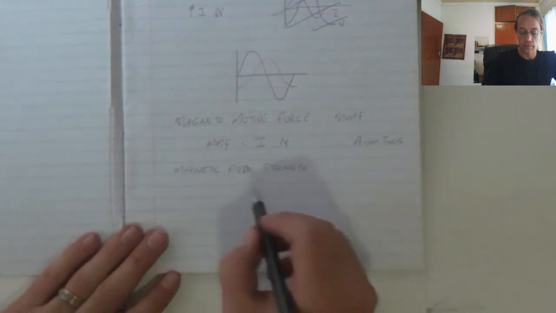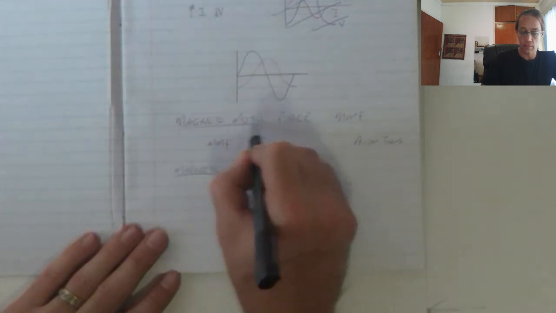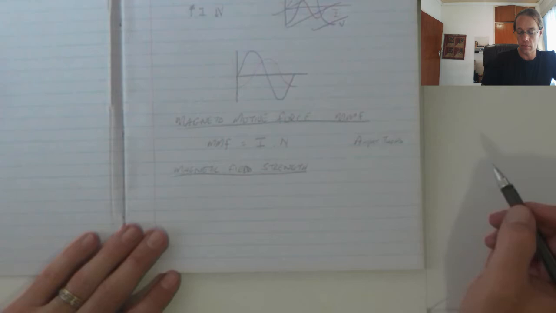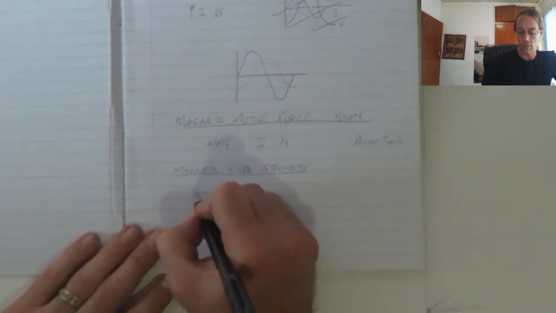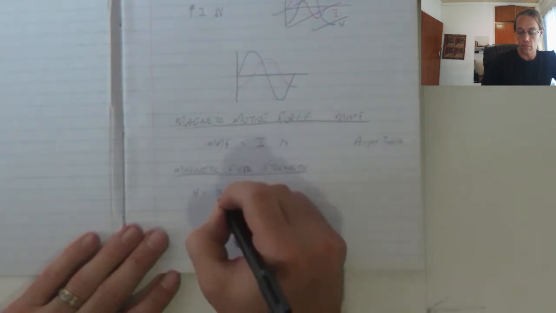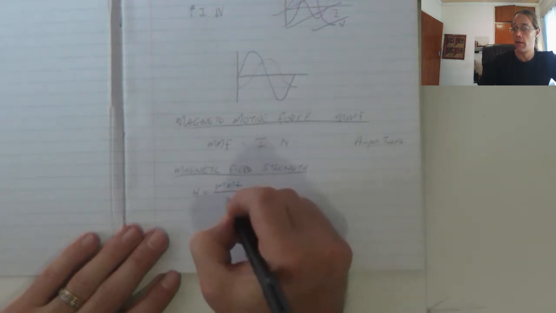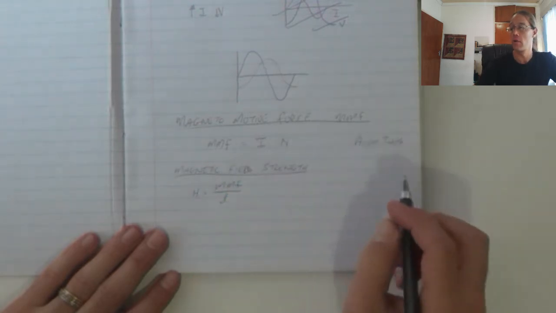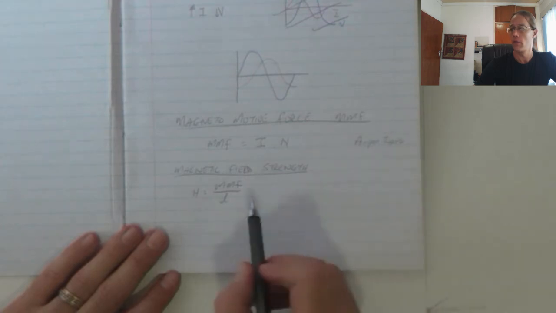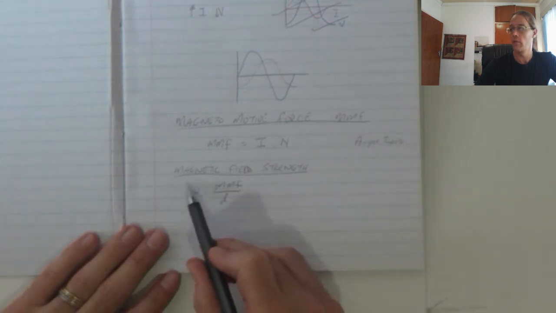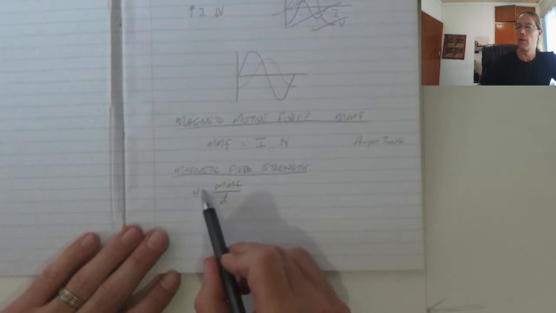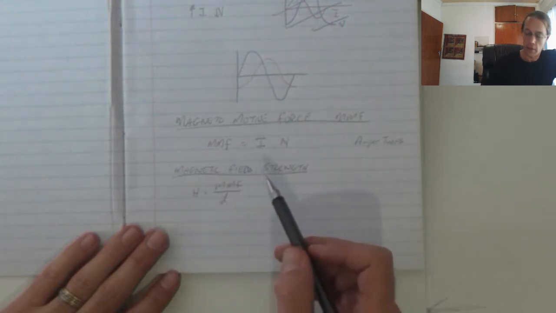The magnetic field strength that is going to be generated, symbol H, is equal to my magneto-motive force divided by the length of the conductor. So the shorter my conductor is, the stronger my magnetic field is going to be.